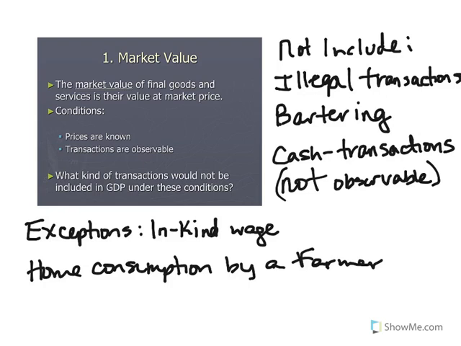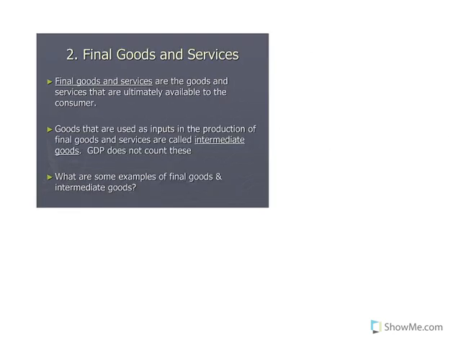But at the same time, your family consumes some of the crop that you produce. Again, we would want to estimate the value of the home consumption that was taking place, and then that would also be included in GDP. So those are just two exceptions that don't meet the criteria, but they are actually included in GDP.